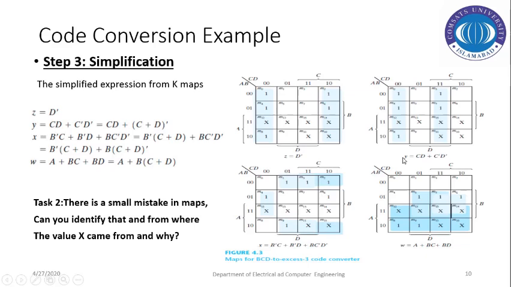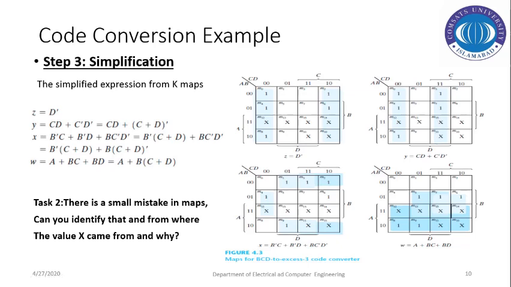Similarly for the y, we've got 2 distinct groups. The first group is this one, and the second group of 4 cells is this one.